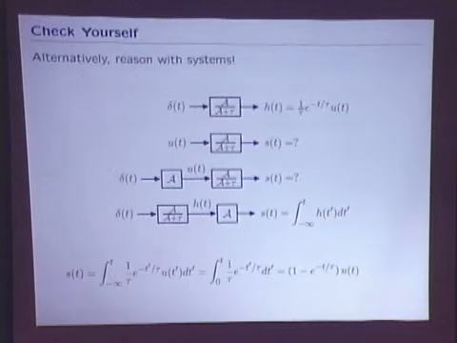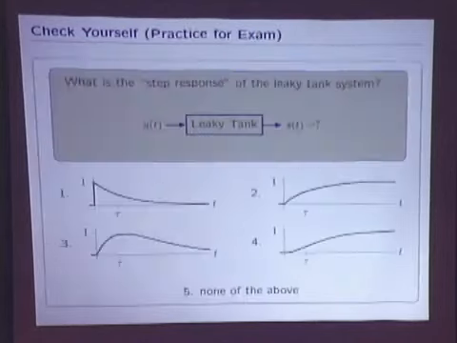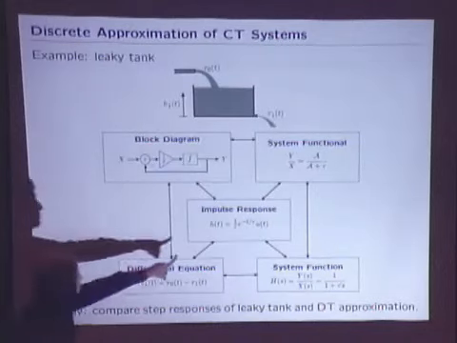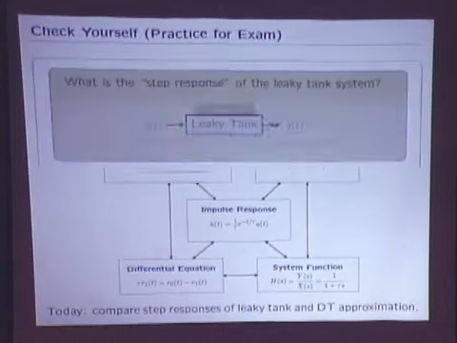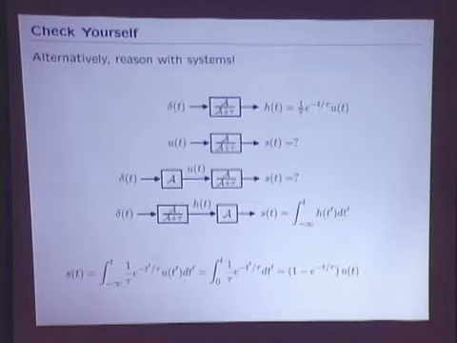Here's a different way you could do it. You could think systems. On the chart, I told you what the unit impulse response was. It's 1 over tau e to the minus t over tau u of t. So you could use that to figure out the response.